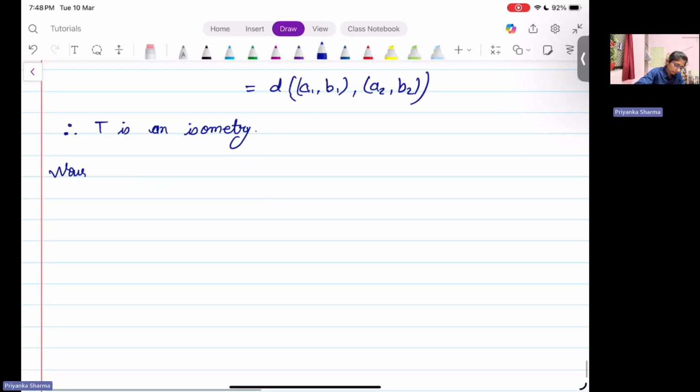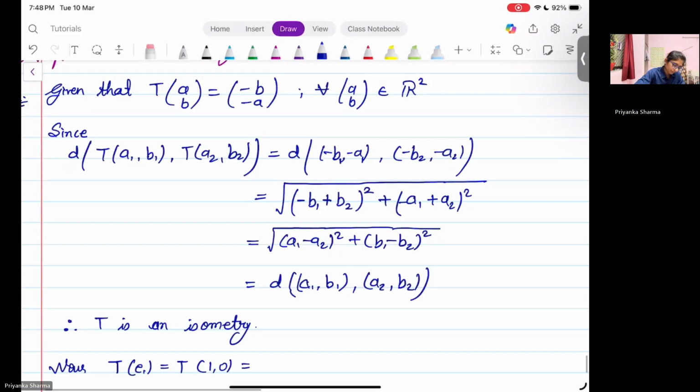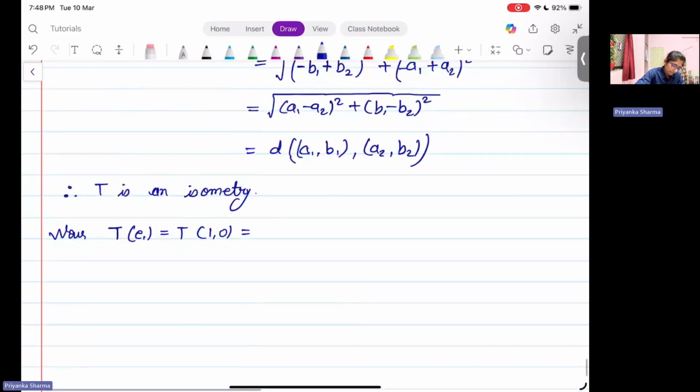Now, what are the images of e1 and e2? T(e1) is (minus B, minus A), meaning (0, minus 1). And the second one, T(e2), is T(0, 1), meaning (minus 1, 0).